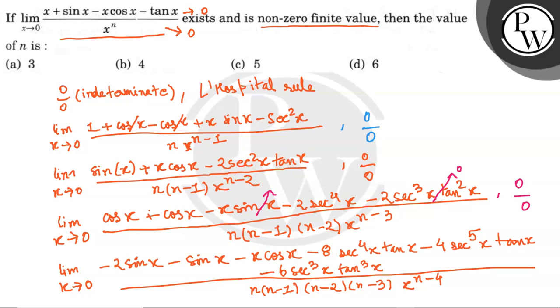The sine terms will go to 0. The tan term will also go to 0. And since x is multiplied with cos x, cos x times x will also be 0 due to x equals 0. So this is again 0 by 0 form, and we have no solution yet.